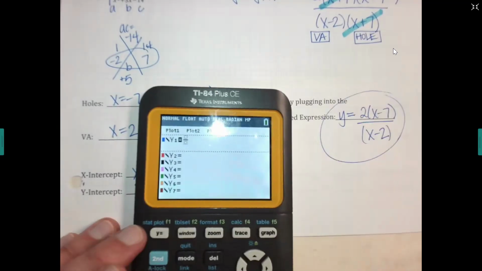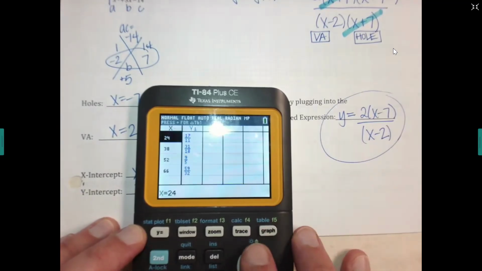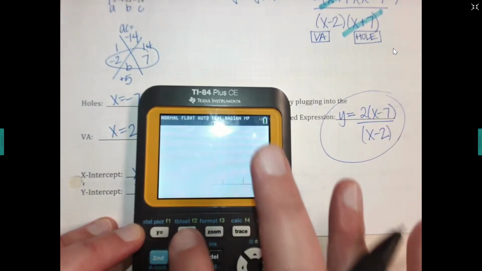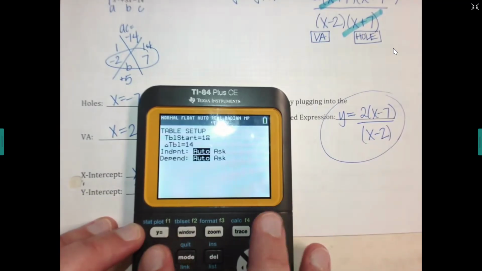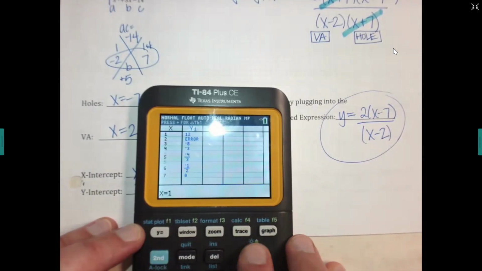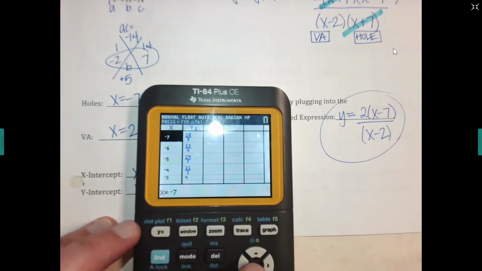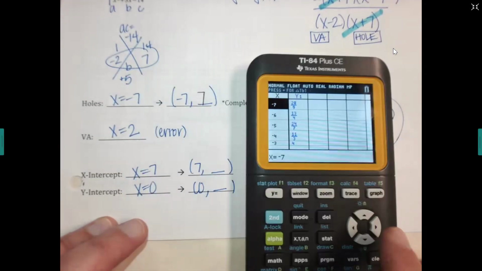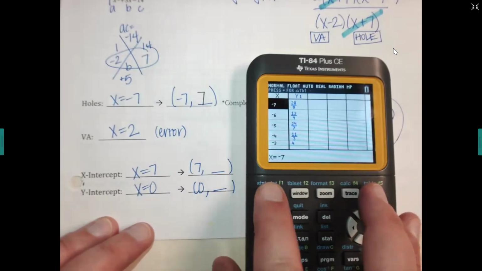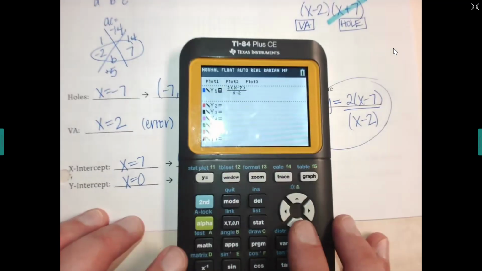So it was 2x minus 7 over x minus 2. Yes. Okay, so we said -7's partner, I got 28/9. 2x minus 7 over x minus 2.